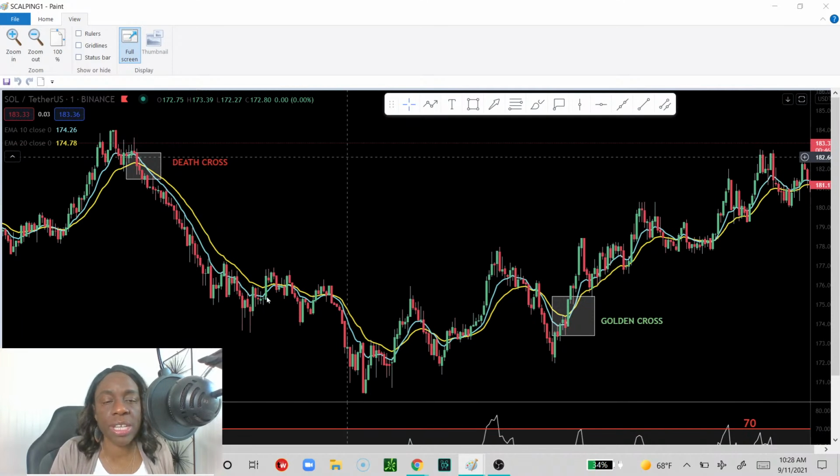You're staying in your trade until this huge, big green candle crosses above. It breaks the trend. You're out of your trade again. And you can see this happens even before any cross. There's not quite a cross here, but price has broken the trend.